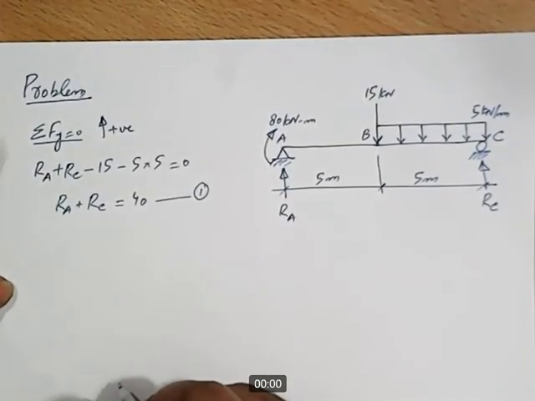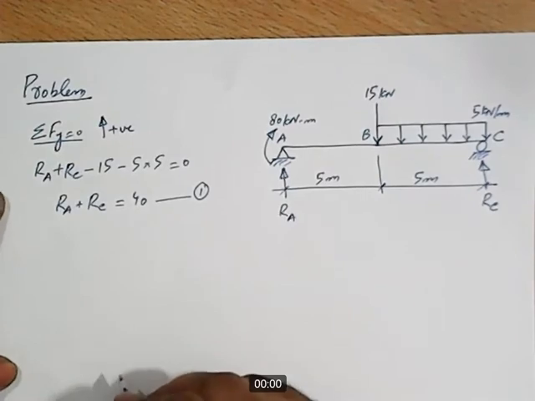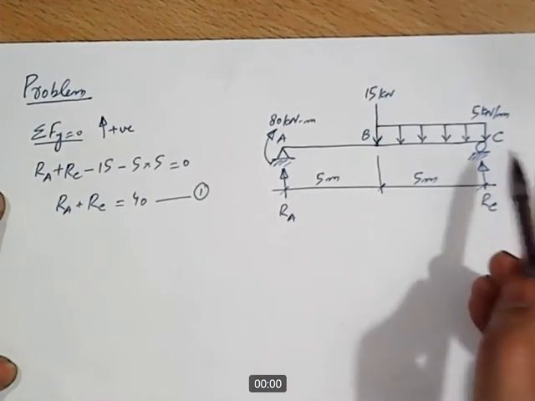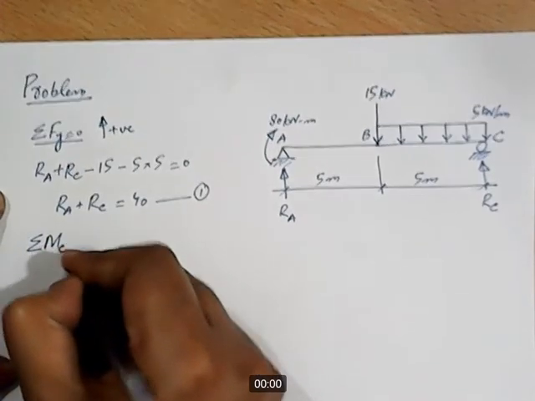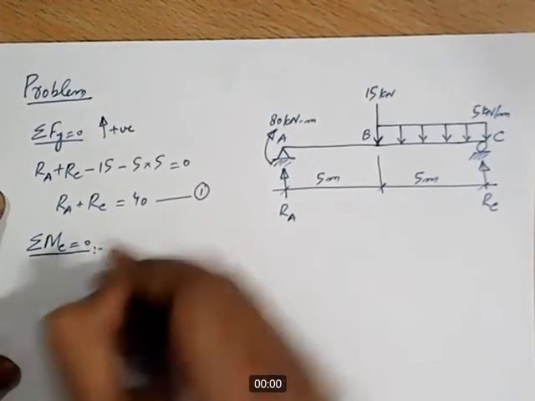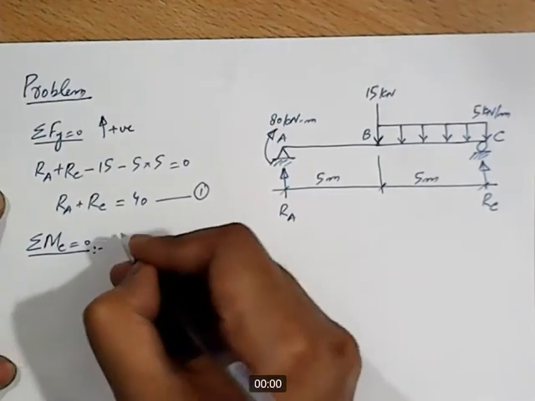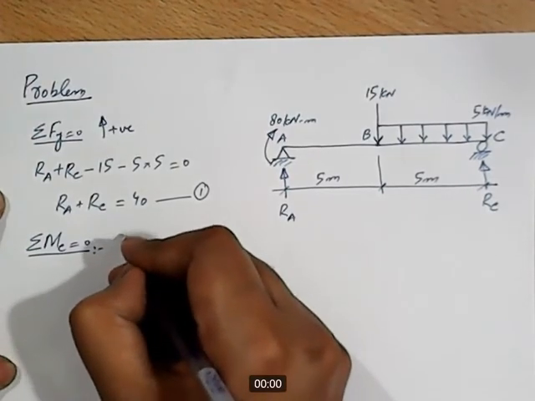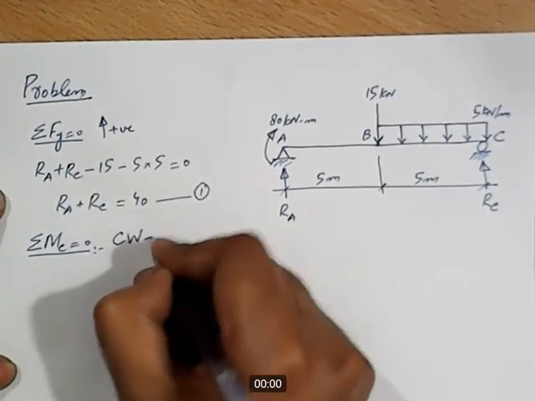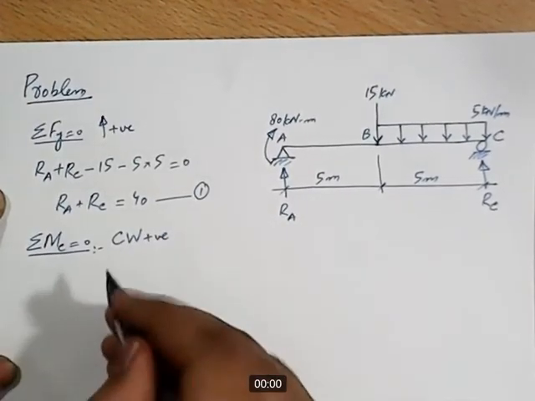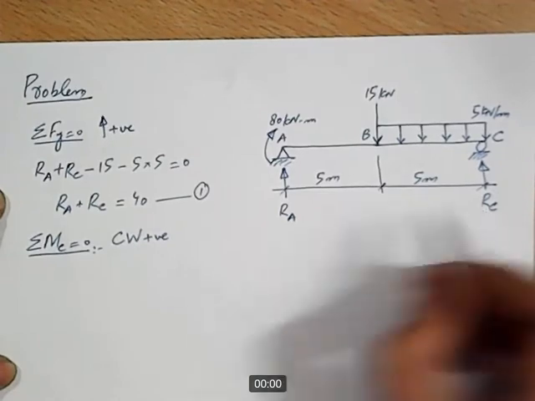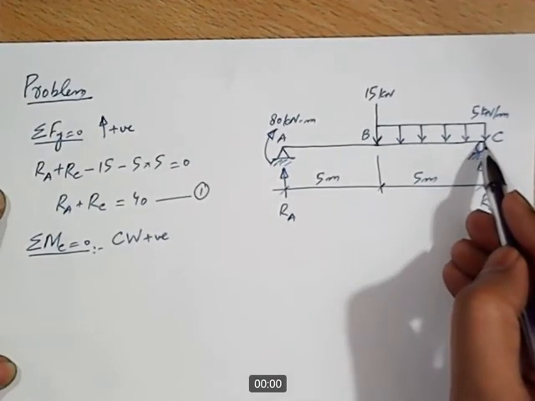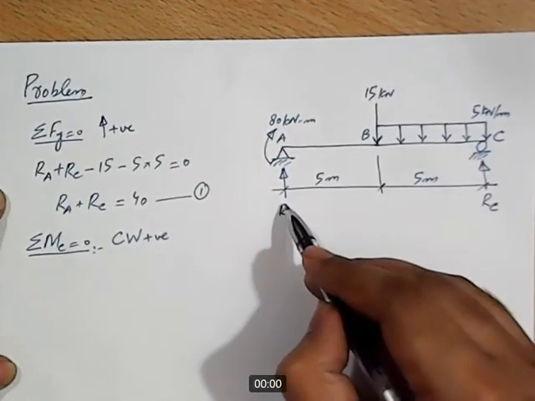Now let's apply the second condition of equilibrium, and we can apply sigma MC equal to 0. Sigma MC equal to 0, and for this we can take our convention as clockwise positive. I want to keep it the same as before. So if we are applying sigma MC equal to 0, we can start from this side.